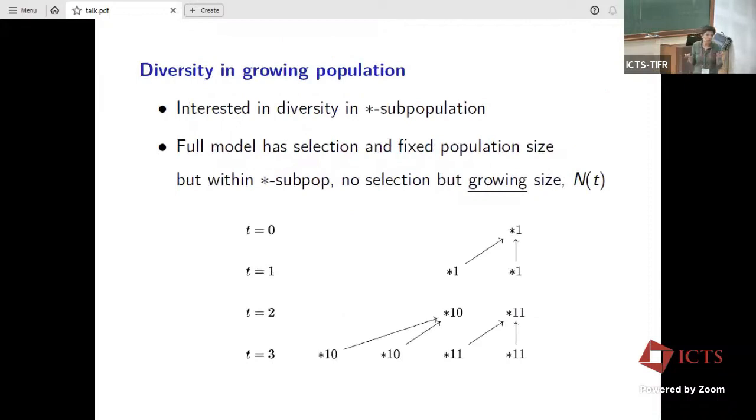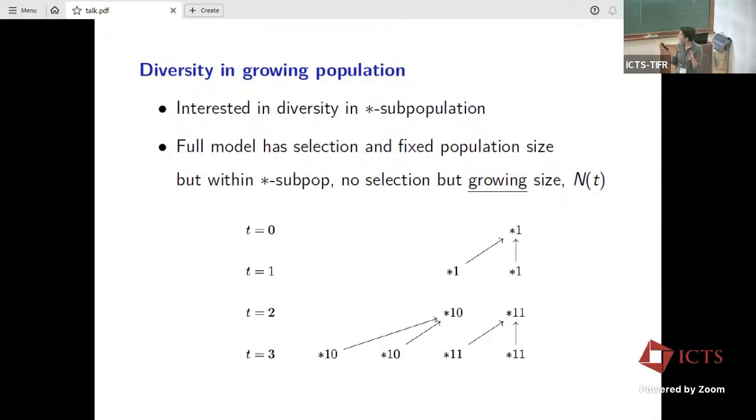So how do we go about it? We're interested in the diversity, especially at the end of the sweep, how much it is. Since we are interested in the star subpopulation, the ones that have the selected site, this is very difficult. An asexual population, fully linked, is almost impossible to do much with. But here is what we are doing.